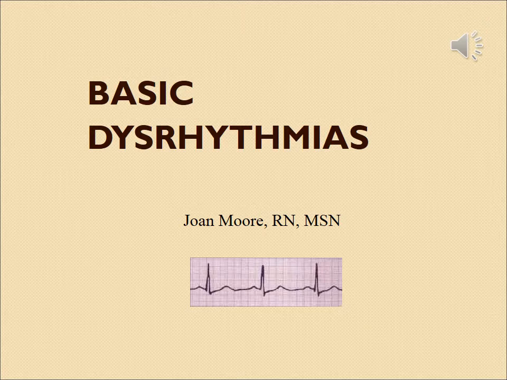First off, today we're going to be looking at basic dysrhythmias. That means that we're going to look at the most basic arrhythmias, the ones that are normal as well as the ones that are abnormal and life-threatening. In third semester, you're going to go over some more chronic dysrhythmias, like atrial fibrillation, atrial flutter, and some of the other atrial arrhythmias.